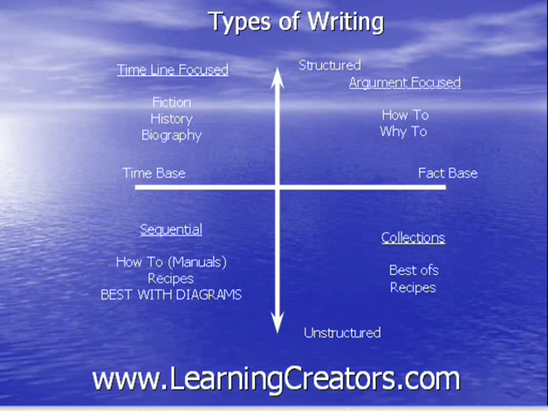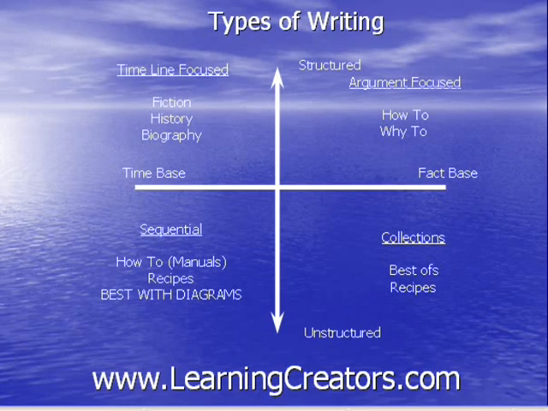If I get over into the other area in the fact-based, we look at the same thing with collections. So 7 best of, 3 best of, the 100 best of. We also get into it with recipes, with the overall, where we're bringing together a whole bunch of different recipes and saying, I've got a whole bunch of recipes and this is my book. So whenever you're collecting things together, that's an example of a fact-based, unstructured.